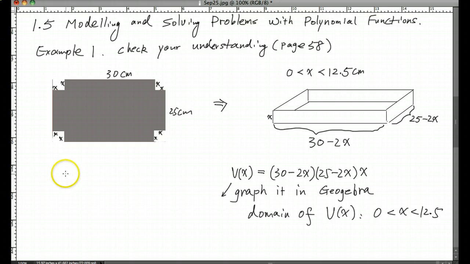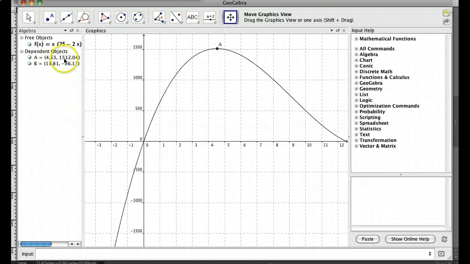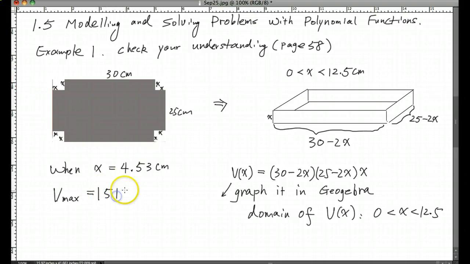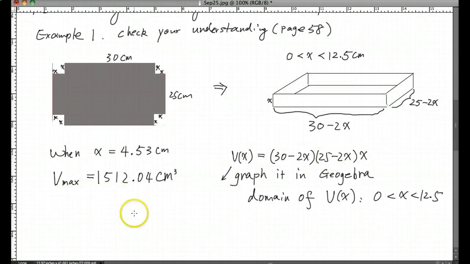Then we use the software to figure out that when x equals 4.53 centimeters, the maximum volume is 1512.04 cubic centimeters. Okay, so that's the question, and later I will cut the graph and post it here.